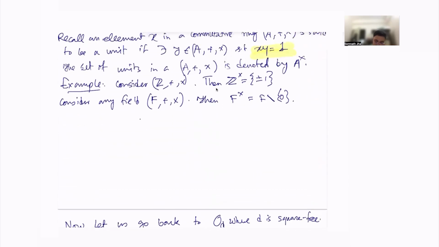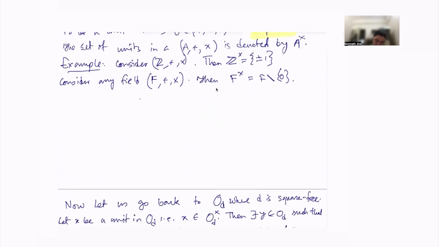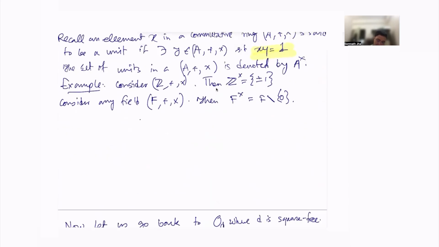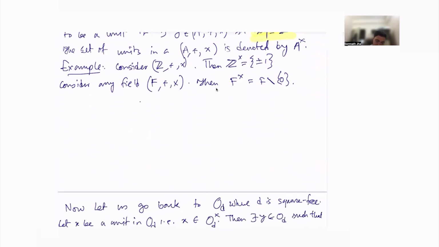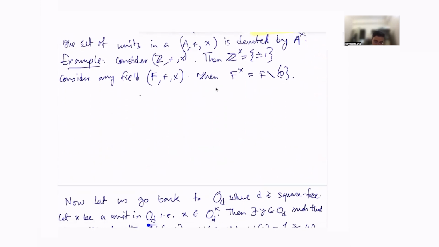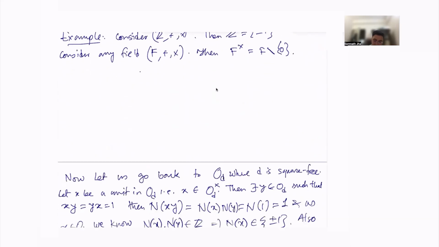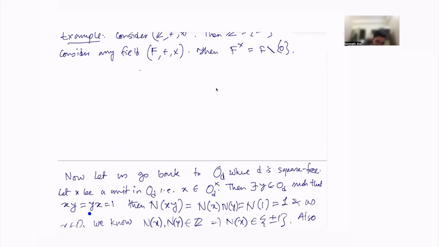We want to understand what the units in OD are, where D is square free. Let x be a unit in OD. Then there is a y such that xy equals 1, and it's commutative.